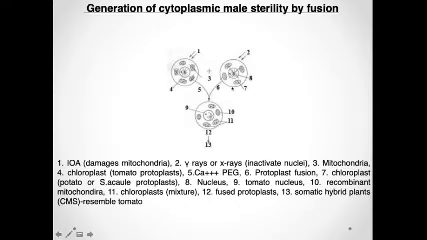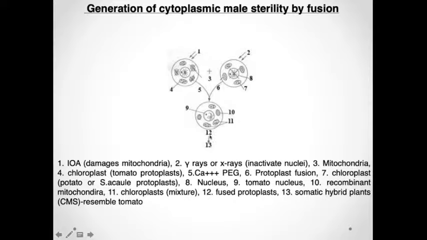Then in the seventh step, chloroplast from the potato protoplast is being added to it, and the nucleus from that part is being removed. So at the ninth step, you have the tomato nucleus in your new species, recombinant mitochondria, a chloroplast mixture of both, a fused protoplast, and a somatic hybrid plant, CMS, resembling tomato.